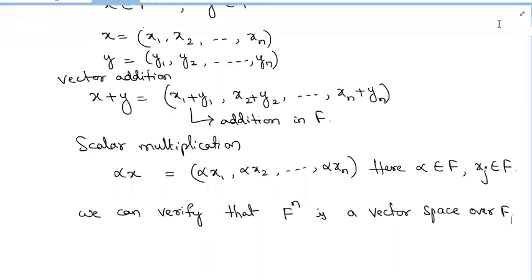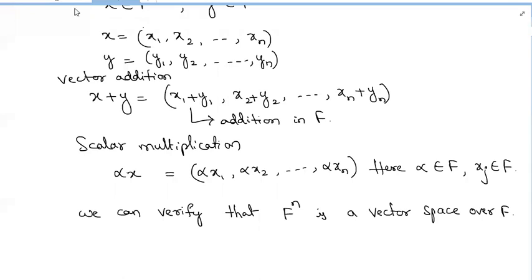Can someone tell me what is the zero vector? It is (0, 0, 0, ..., 0), n numbers. And minus x is (minus x1, minus x2, and so on, minus xn). So it's a very fundamental example. If F is R, then it is Rn. If F is C, it is Cn.